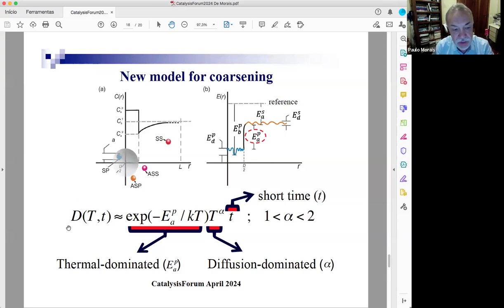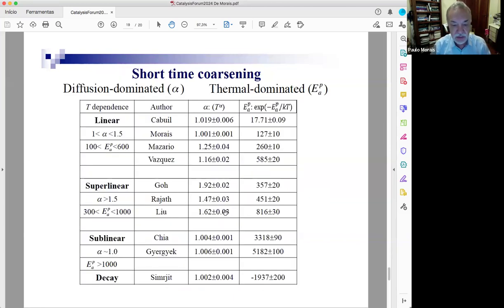The typical size of the nanomaterial or micromaterial scales with a thermal-dominated process, one expression like this, which comes from the Boltzmann statistics, and a term which is a diffusion-dominated term. And it looks like this approach can explain quite well the data we can find in the literature.